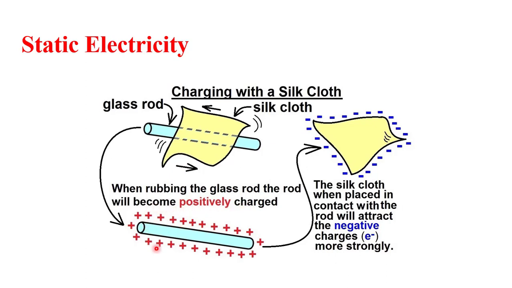You can observe here, the glass rod is positively charged, and the silk cloth, when placed in contact with the rod, attracts the negative charges more strongly. Therefore, the silk cloth becomes negatively charged. In this way, you can observe the stationary electric field around the glass rod and the silk cloth. These are simple examples.